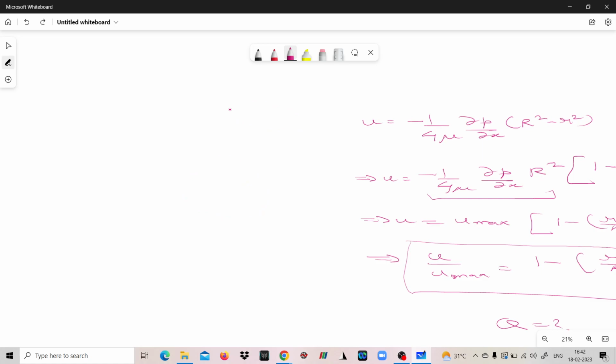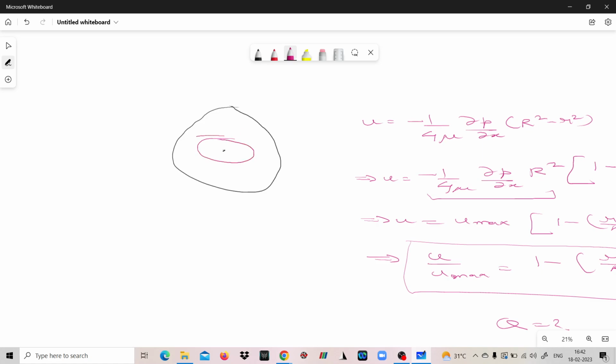Let us say the black line represents the actual pipe cross section. All this time we were looking into the longitudinal profile or longitudinal section of the pipe. Now we have considered the pipe cross section and say this is the pipe center. Okay, let us consider that there is a ring.